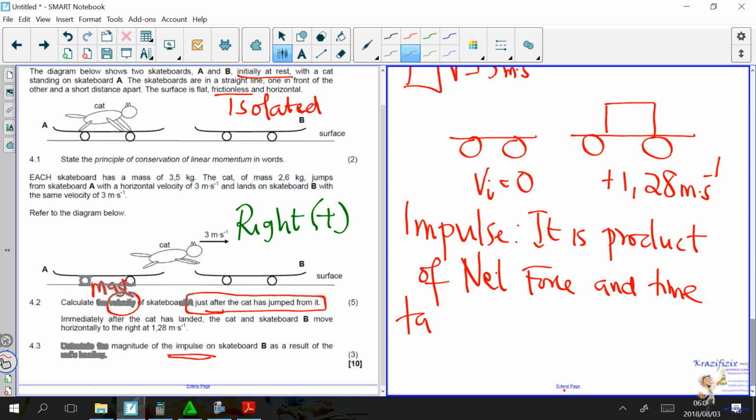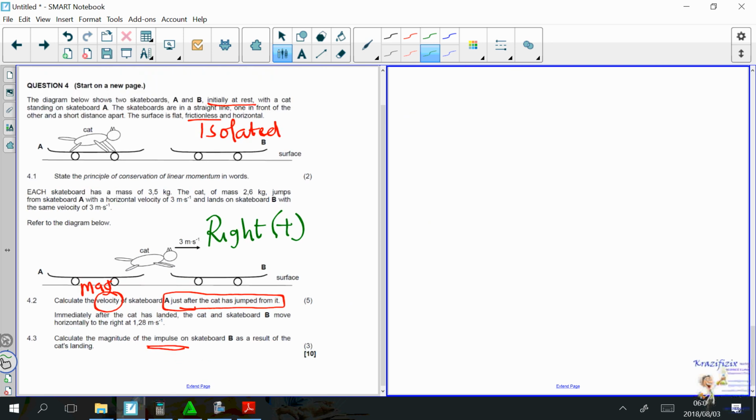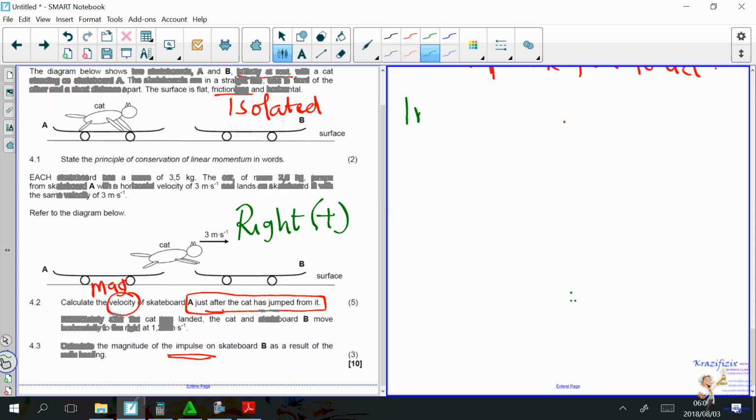That is impulse. Now, if I say product, what does product mean? It means multiplication of the net force and what? Time. So what is my impulse formula? My impulse formula is simply, and you'll get this on your formula page as well, F net multiplied by delta t.